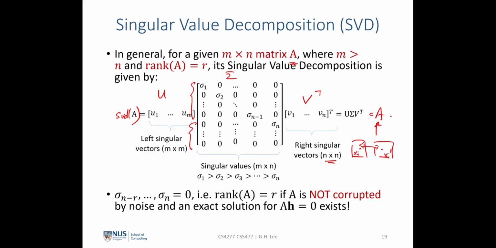And in the case where all these correspondences are perfect correspondences, not corrupted with noise, then an exact solution of AH equals 0 exists.